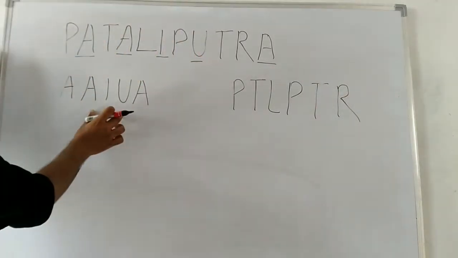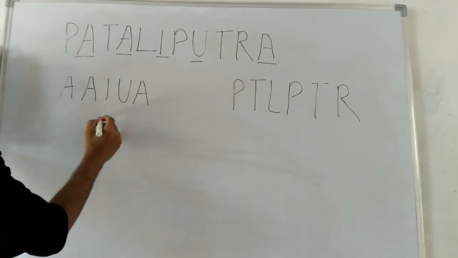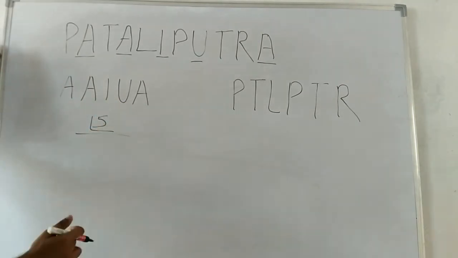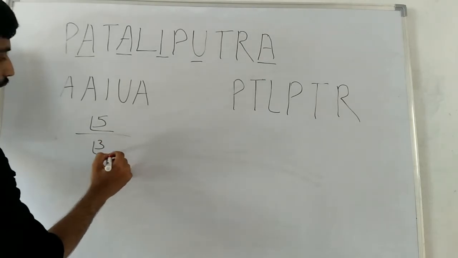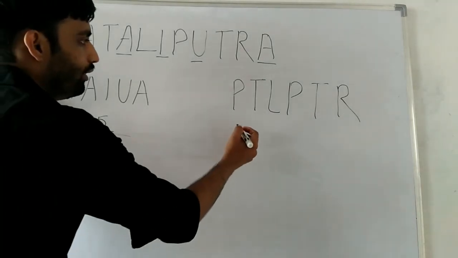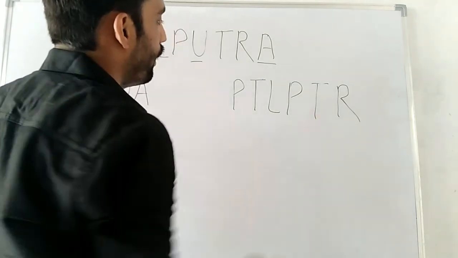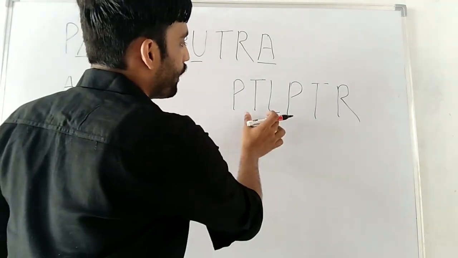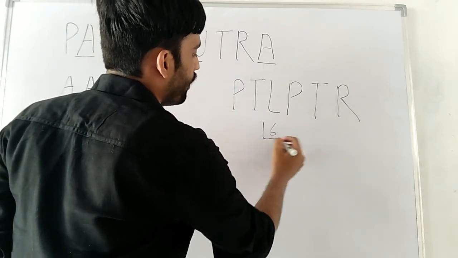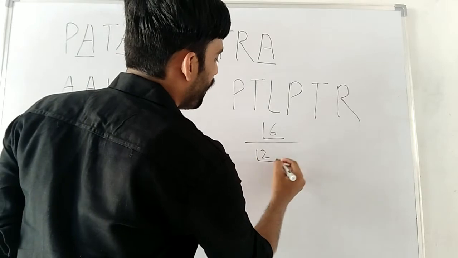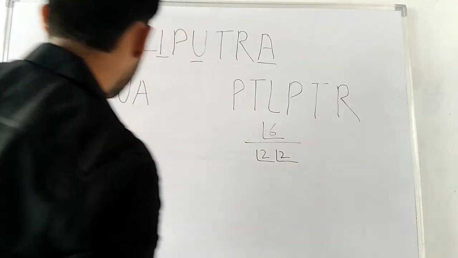So these vowels can be arranged in factorial 5 upon the repetition, which is 3 times A. So divide by factorial 3, and these consonants can be interchanged in their position. The total arrangement is factorial 6 divided by 2P and 2T, divided by factorial 2 and factorial 2.